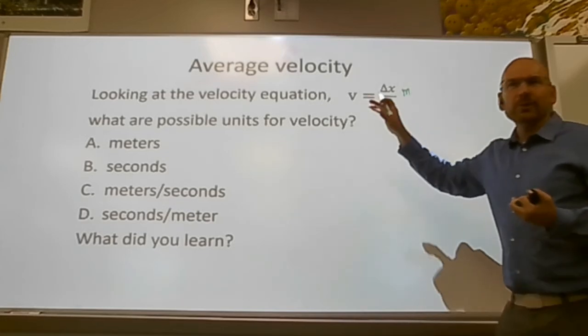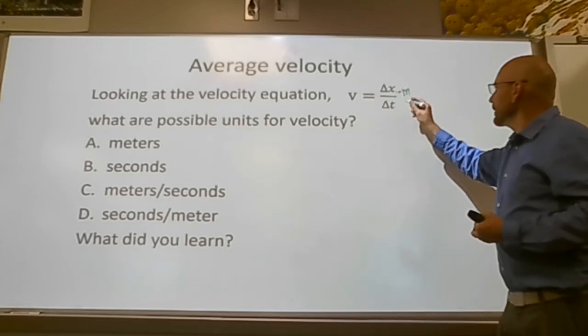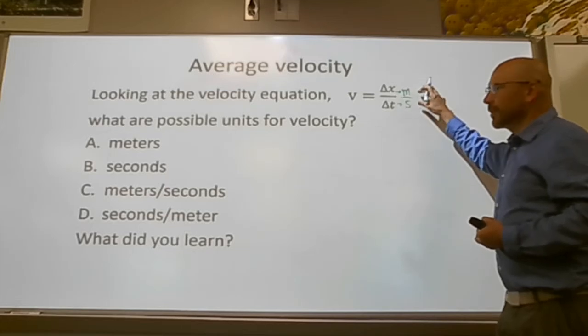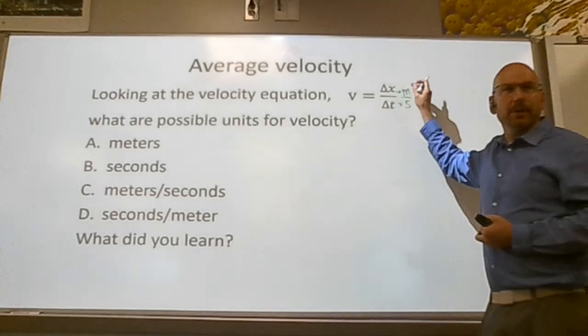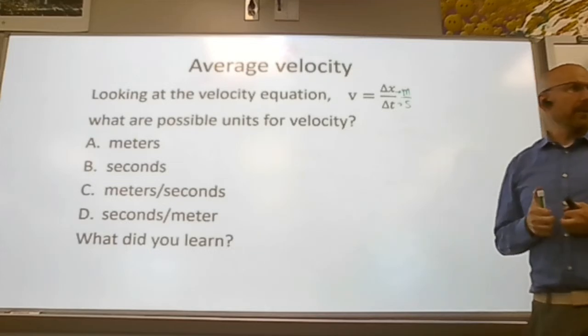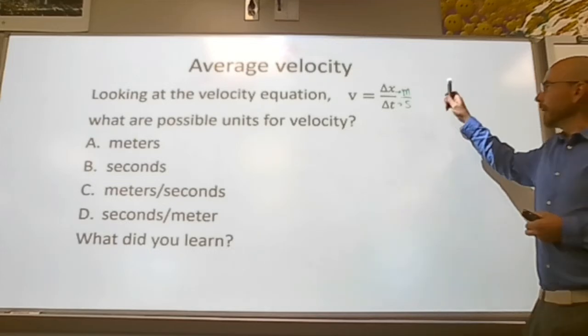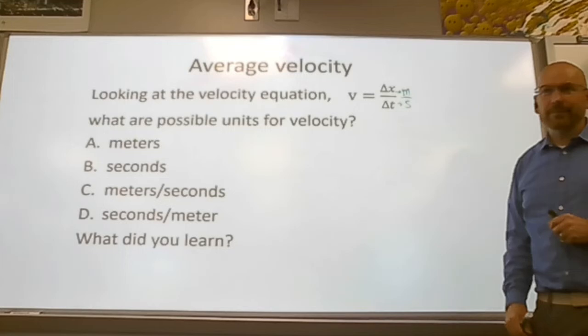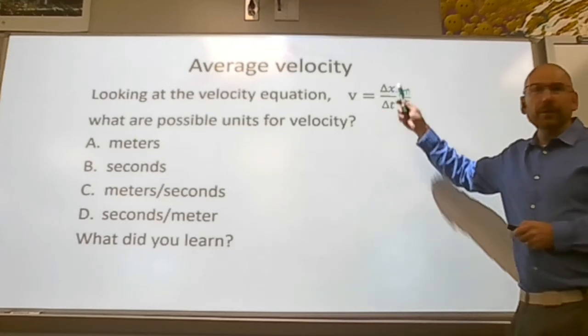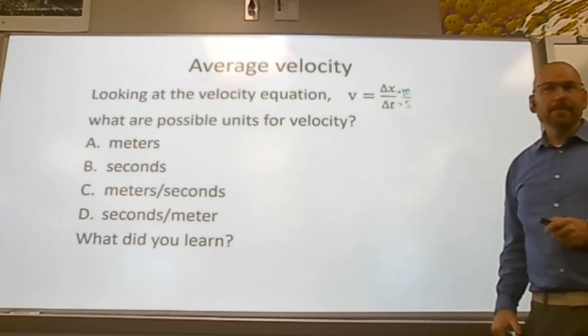What I'm trying to show you is this: displacement is in meters, time duration is in seconds, so the unit for velocity is meters per second. You okay with that? You can do that for any equation the rest of your life. Figure out what the units are based upon your equation. Okay?